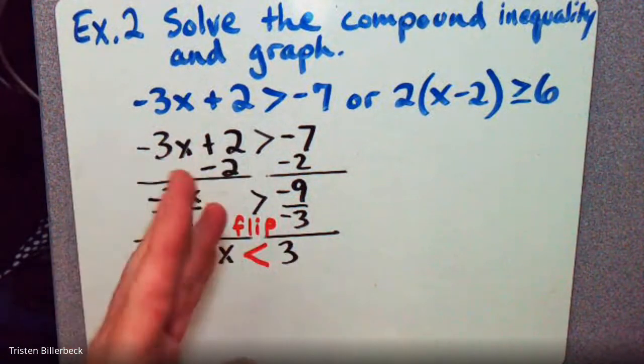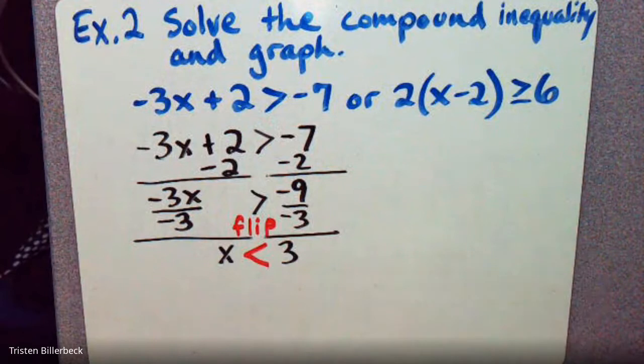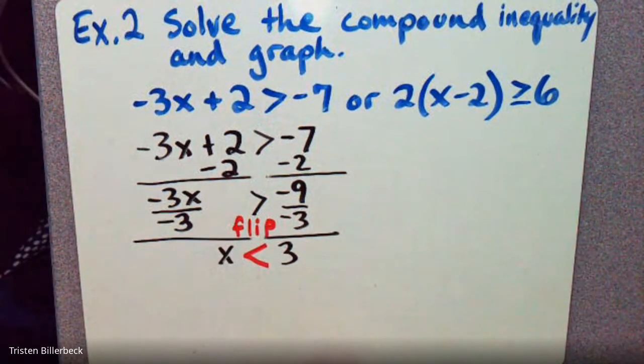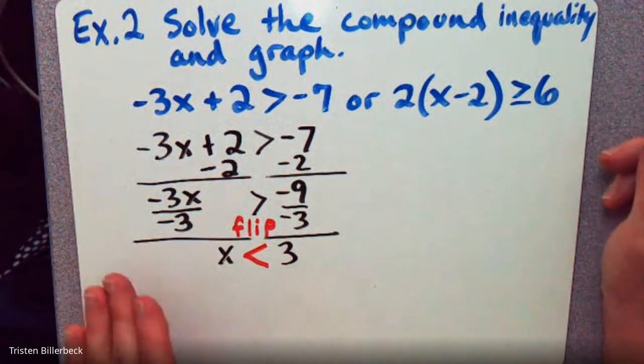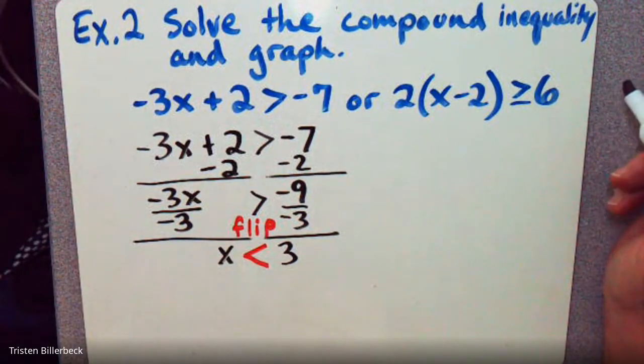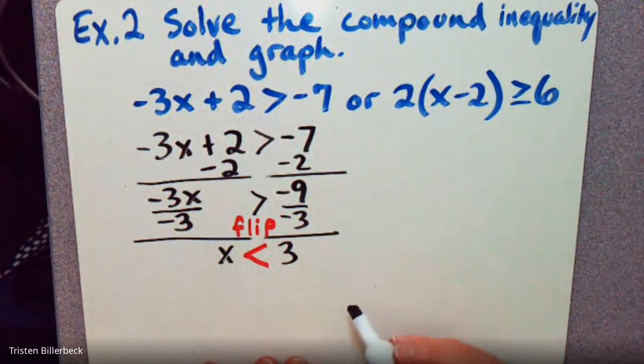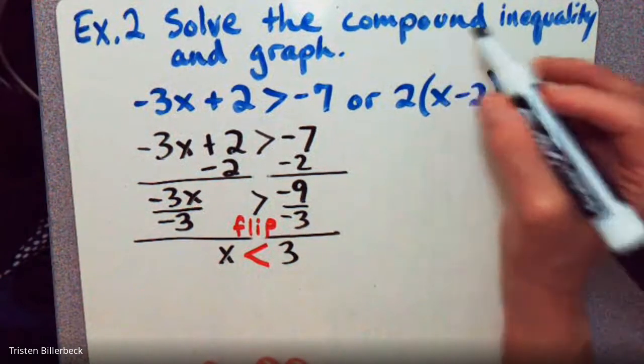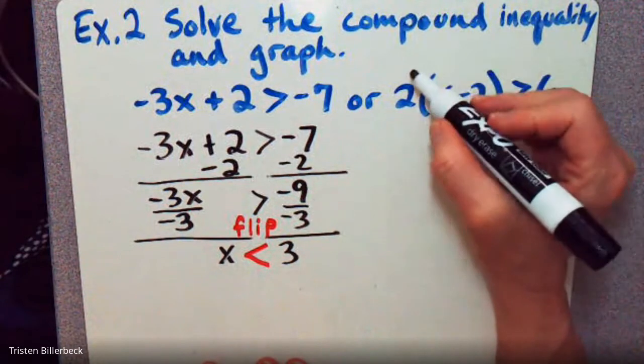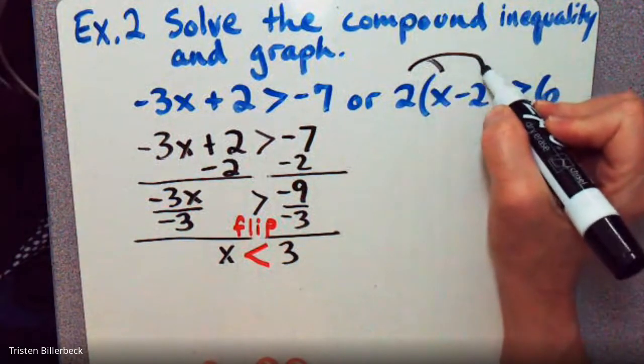Now, once we realize that this is just like an equal sign, we don't have to do this kind of substitution. So in order to keep track of when we flip, it's probably better not to do it substituting the equal sign. So now let's go back to this, and we're going to distribute that 2.